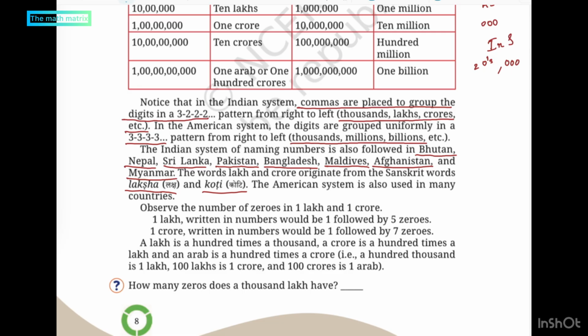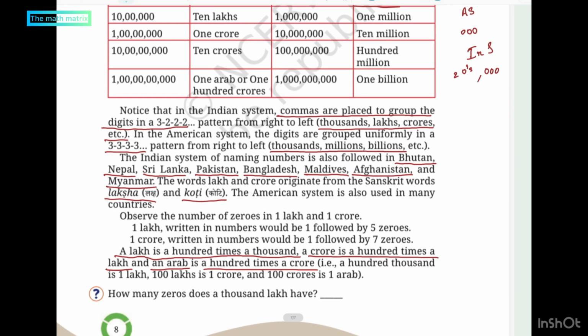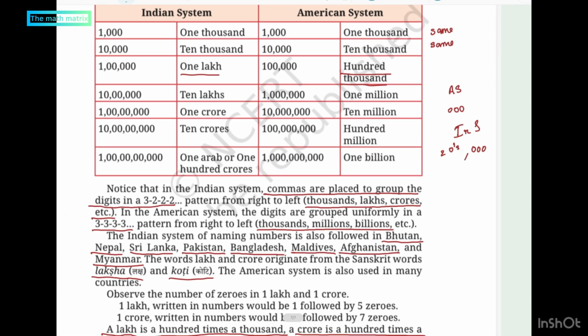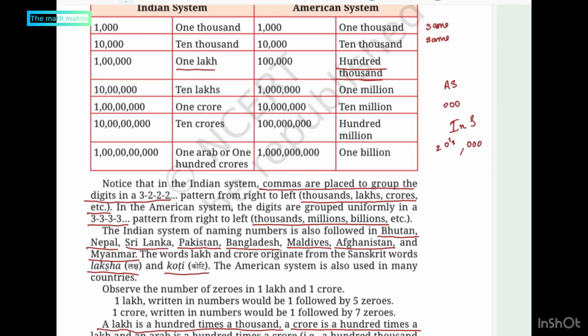That is thousands, millions, billions, etc. The Indian system of naming numbers is also followed by Bhutan, Nepal, Sri Lanka, Pakistan, Bangladesh, Maldives, Afghanistan, and Myanmar. The words lakh and crore originate from Sanskrit words.